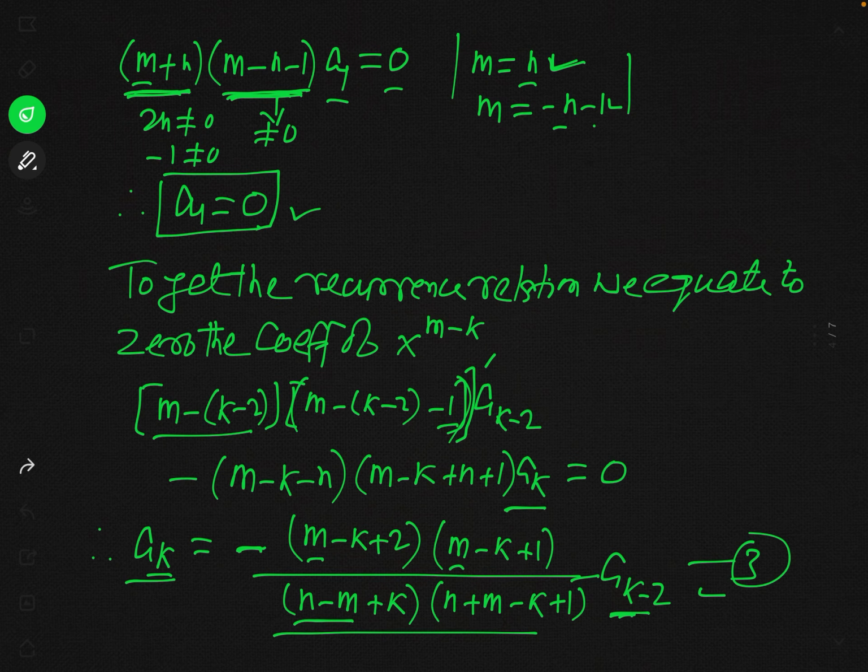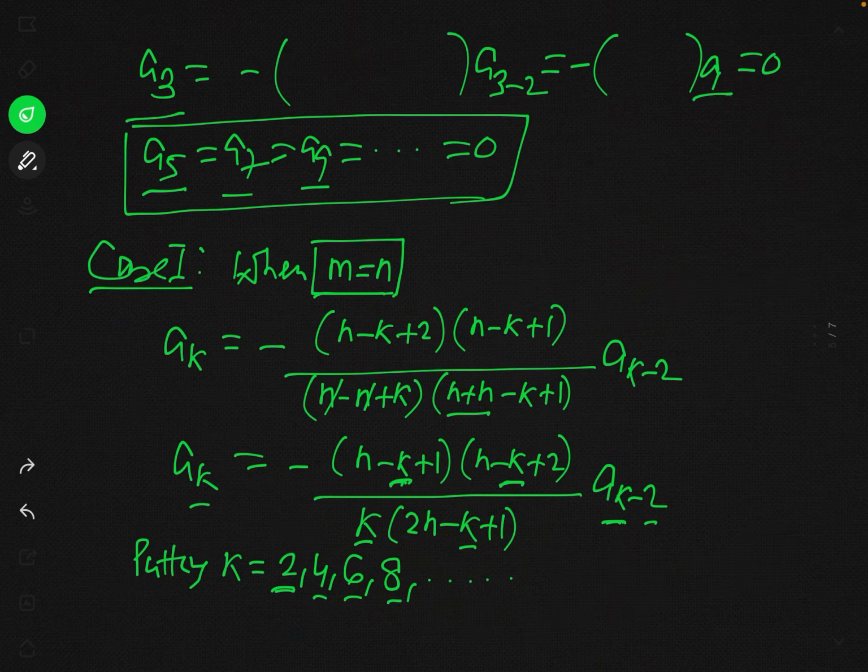So what we will do? We will simply replace all these m by minus n plus 1, and then you will get the recurrence relation for this particular case.